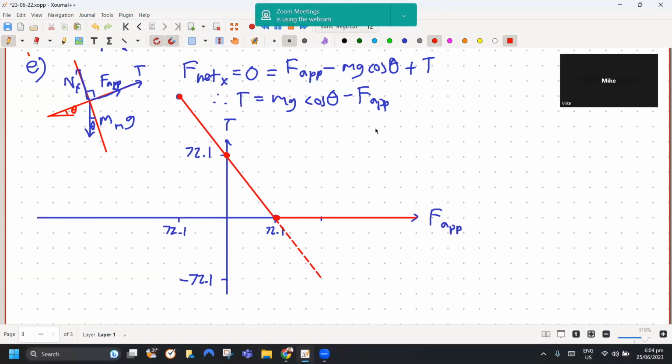Ganito. Remember, ano yung forces? So Newton's second law says mass times acceleration along X is equal to net force: F applied minus mg cosine theta plus tension. So ngayon, tingnan mo mangyayari kapag F applied is greater than, let's say, 80 newtons. So m times a sub x.